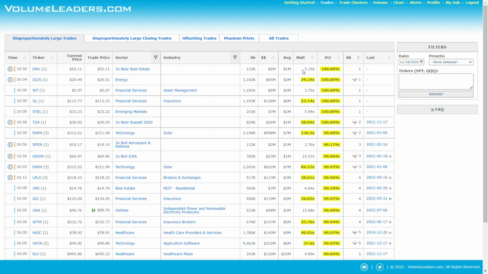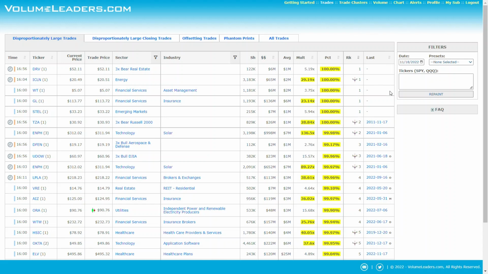So if you were looking for trades that were 10x or 20x or 50x, you might overlook this. But this column tells you something that the other columns can't. Rank is an important way to measure how rare a trade is, even if the size isn't so disproportionately large that it stands out.